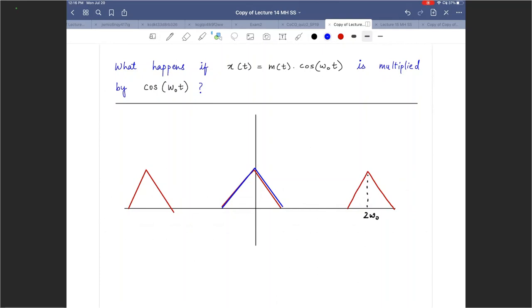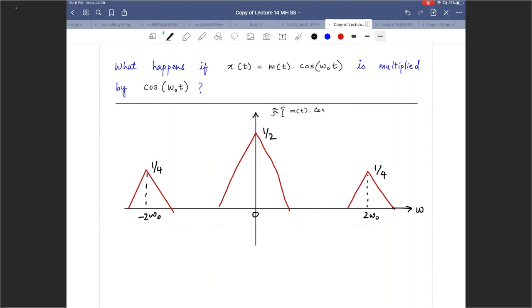They will get added up at DC, which means half getting split up, you got 1/4 here, you got 1/4 here, and half getting added, you get half here. This will be at -2 omega naught. This will be at 0. This is at omega. This is the Fourier transform of m of t cosine squared omega naught t.